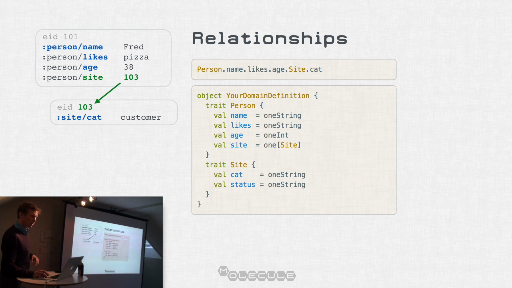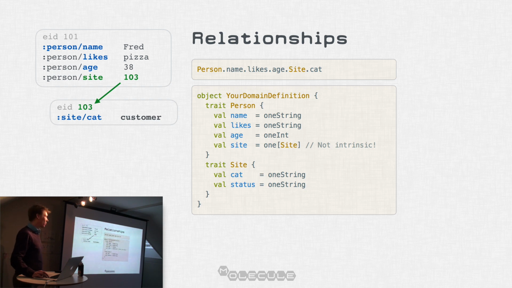But I think that's problematic because site doesn't really have anything to do with person, right? It's not an intrinsic value of a person. So you can imagine that you start polluting your domain model if you start to write a lot of different things that don't have anything to do with person, just out of technical convenience to be able to write that.